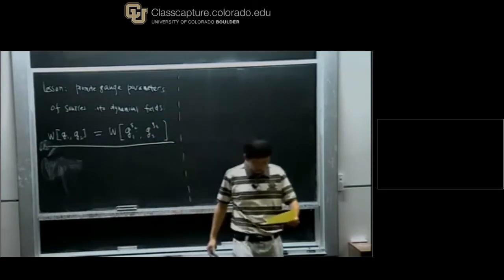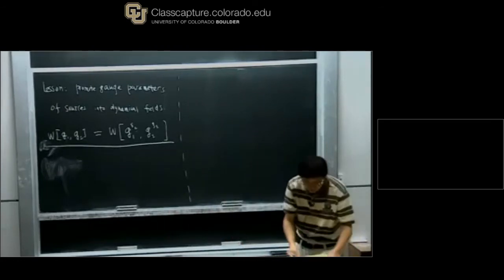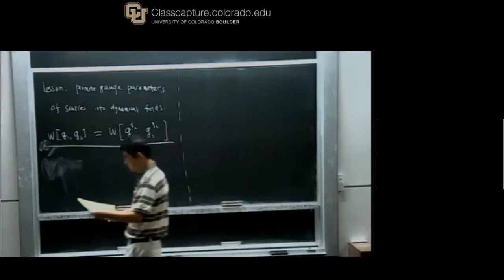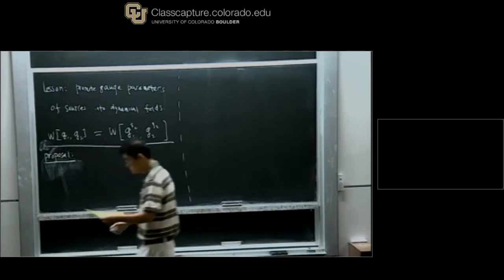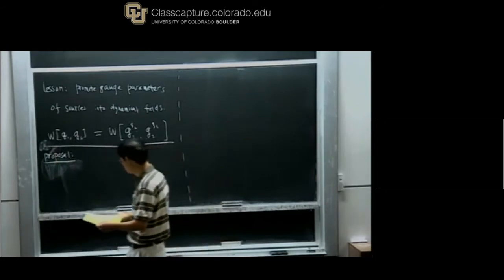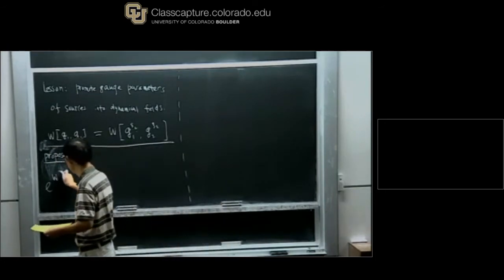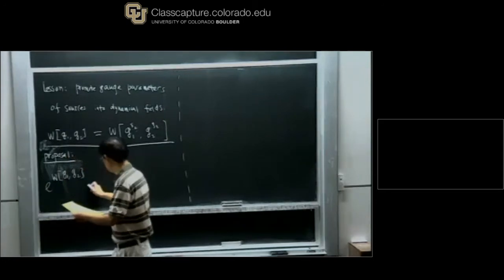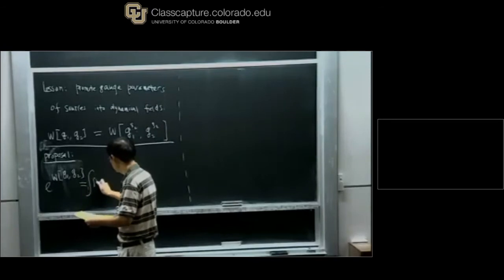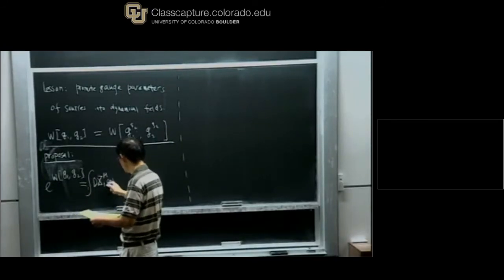So now the proposal for the hydro mode associated with the stress tensor: we say it should be given by the following. So now I introduce two vector fields, say depending on some coordinate sigma.